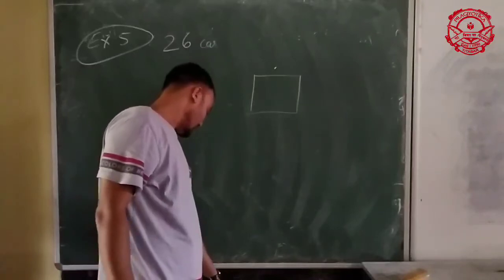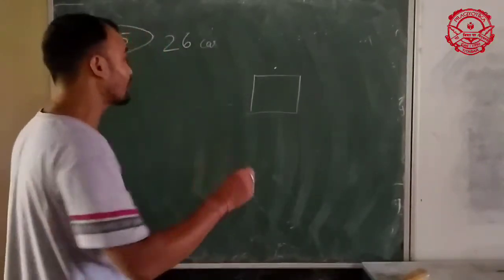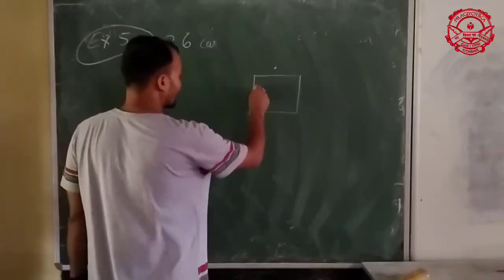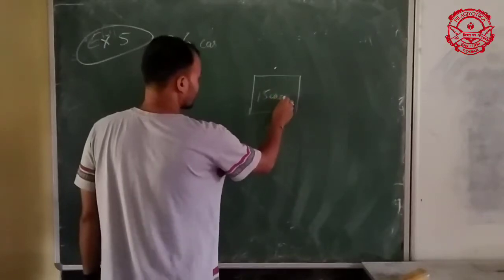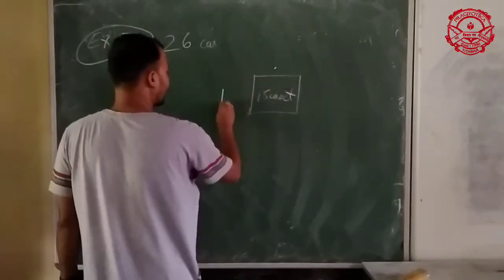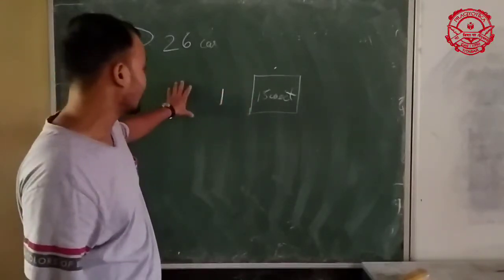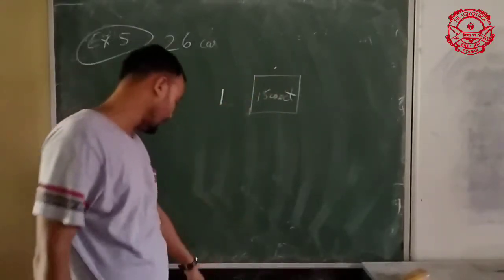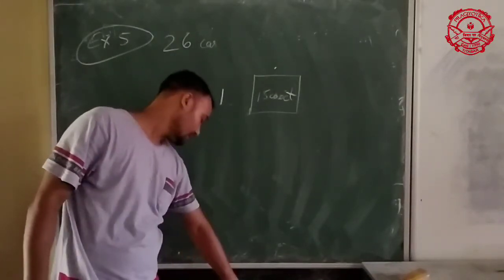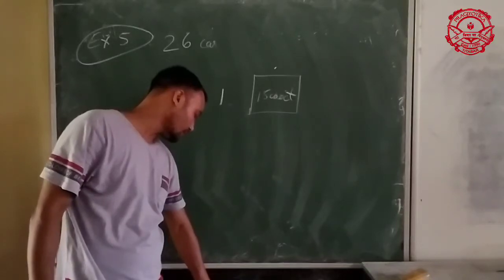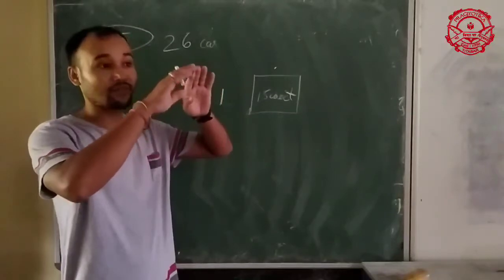See, 26 cartons of 15 chocolates means one carton will consist of 15 chocolates. Such cartons I have 26. Now they are asking the cost of 40 cartons of 18 chocolates.